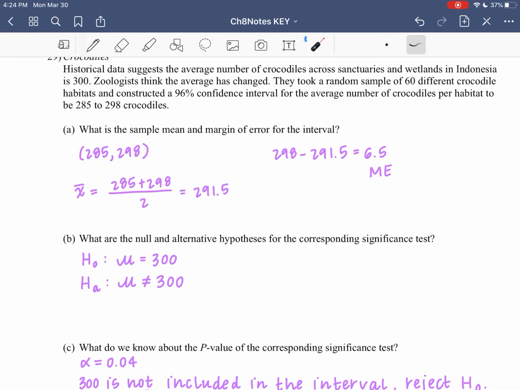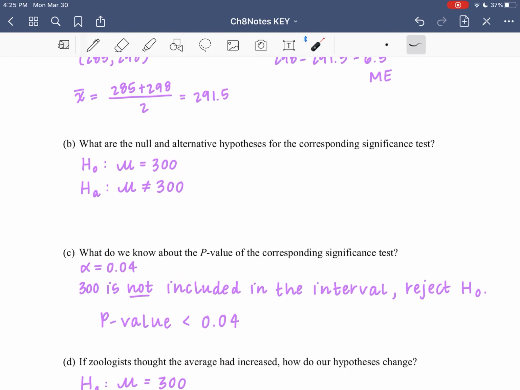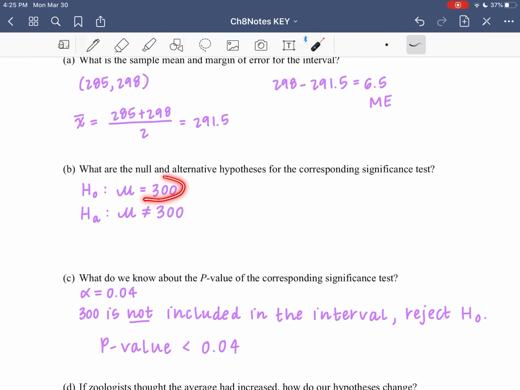Part C, what do we know about our p-value? First of all, we know that our alpha has to correspond to this confidence level, so our alpha has to be 0.04. Now let's check, is our null value included in our interval? Looking at our interval, 300 is not included, which means 300 is not a plausible value for our true mean.